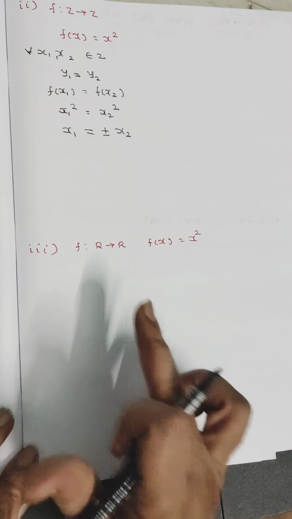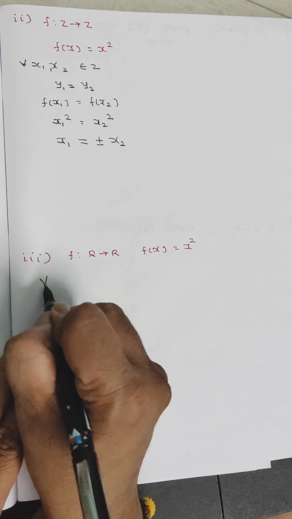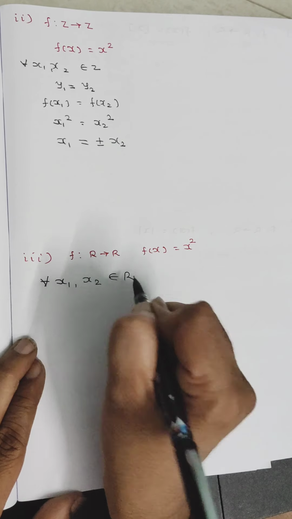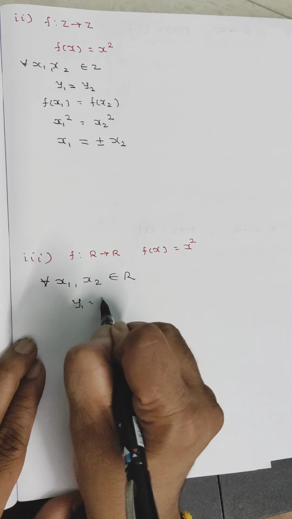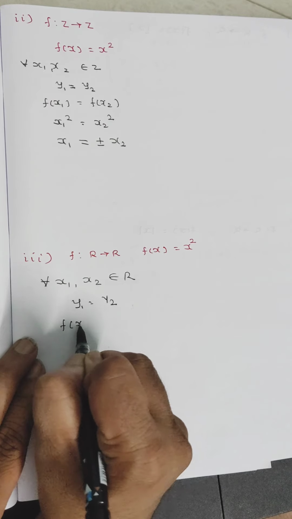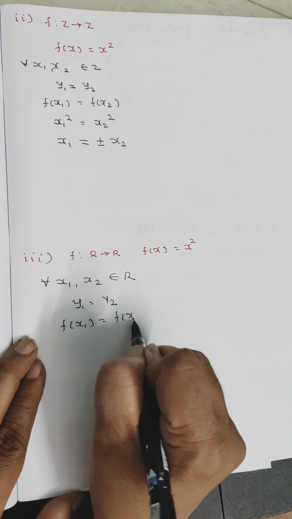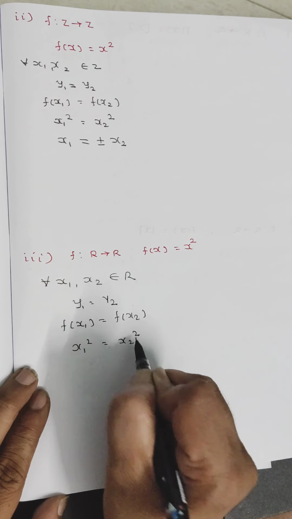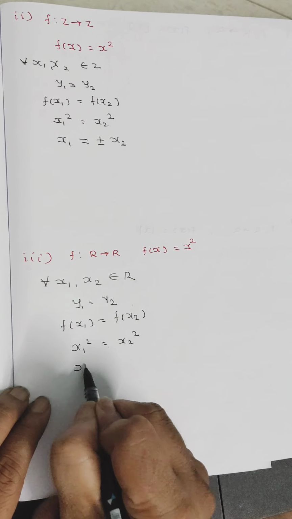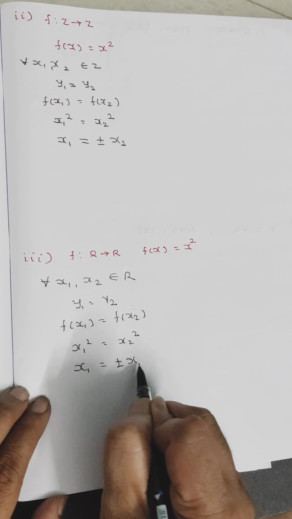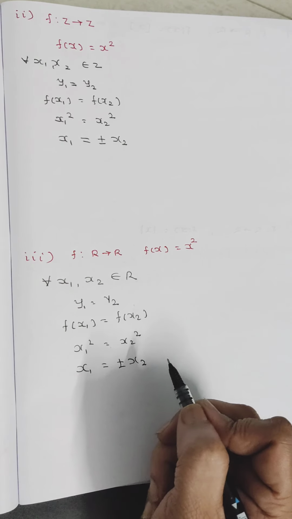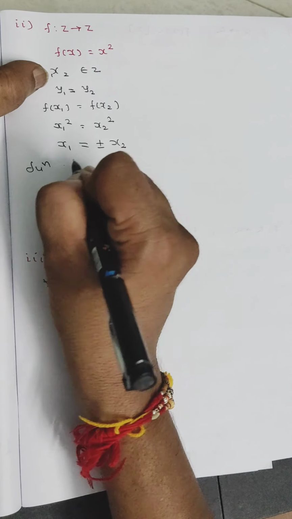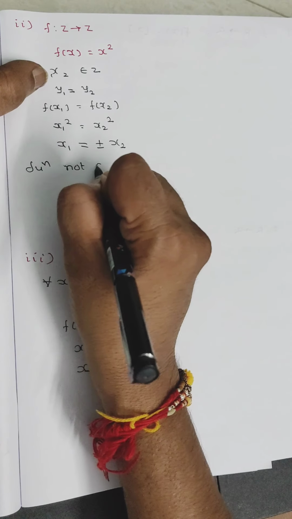Same way for this also I am going to write that for x1 and x2 belonging to R, suppose y1 is equal to y2, means f(x1) is equal to f(x2), means x1 square is equal to x2 square, means x1 is equal to plus or minus x2, means the function is not one-one.